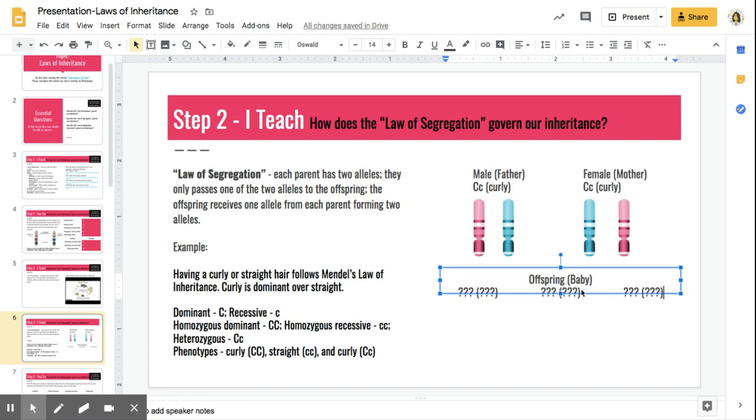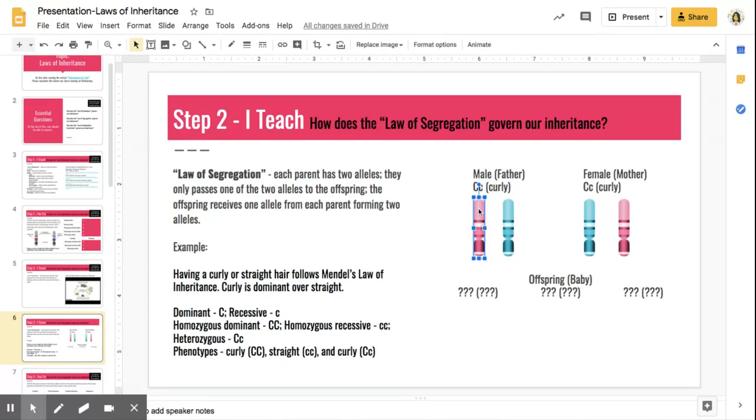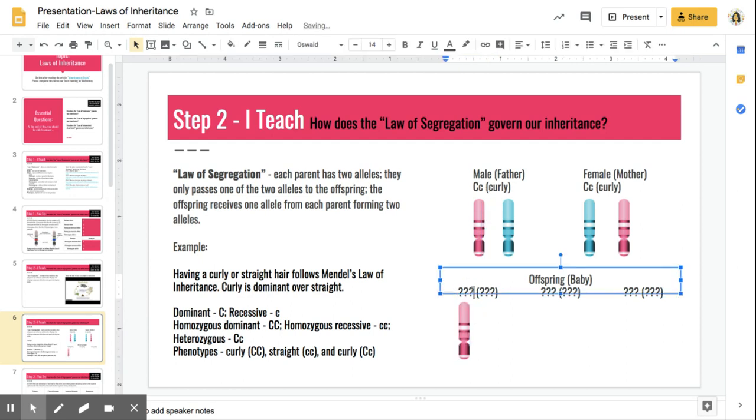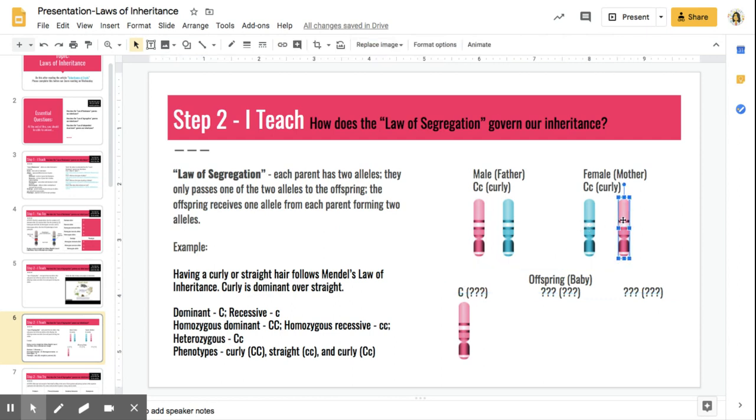Possibility number 1: between the two alleles of the father, the dominant and the recessive, the baby will receive the dominant. And between the recessive and the dominant trait of the mother, the baby will also receive the dominant.